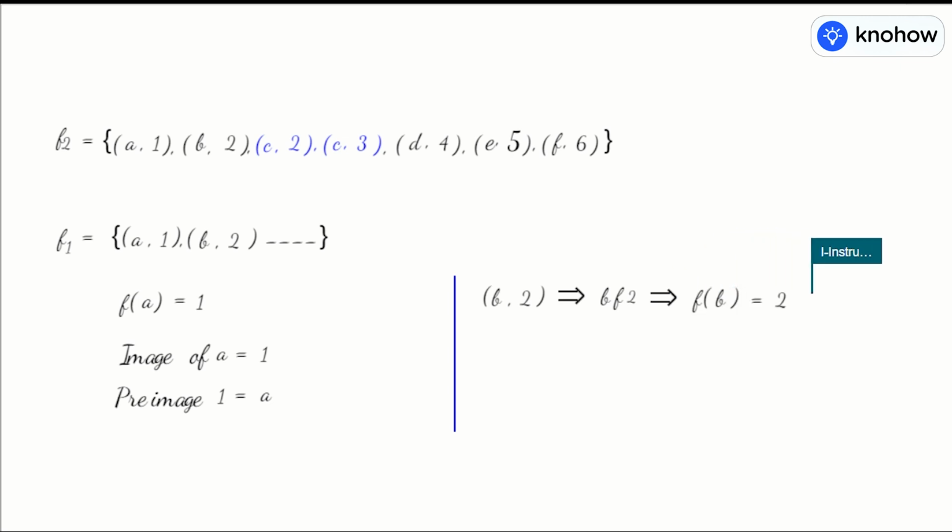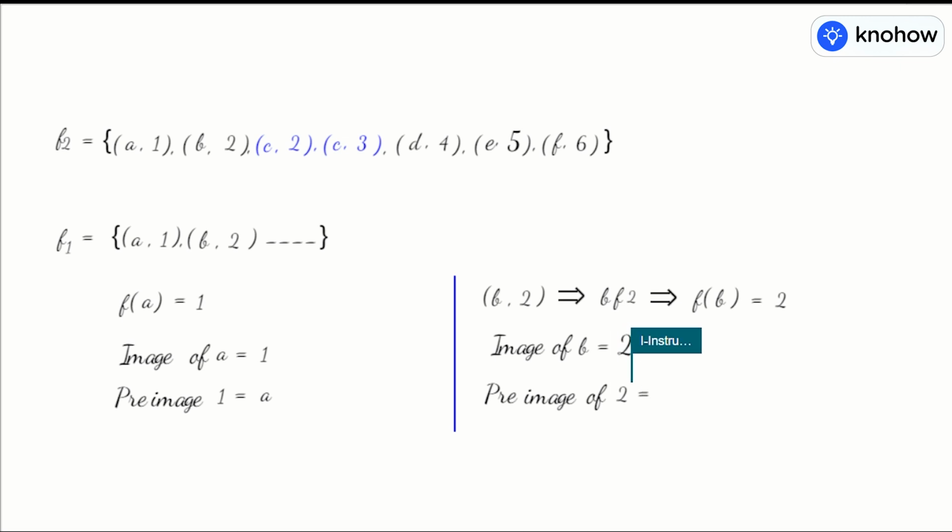All this gives you the same information. Or the image of B is 2. Or the value of the function at x equal to B is 2. Or the pre-image of 2 is B. So I suppose now you understood the definition of function from set A to B. Then what do you mean by the functional value of an element of A to B? Image and pre-image.